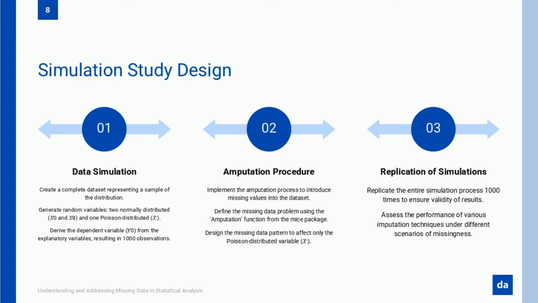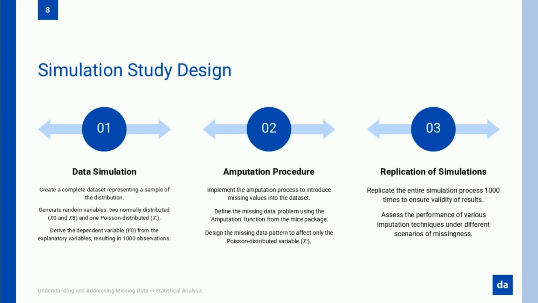Each cycle generates a new incomplete dataset and a fresh set of imputations using various methods, with performance metrics aggregated across iterations to measure reliability. This replication step is crucial for building confidence in the conclusions drawn and for evaluating how imputation methods handle different levels and patterns of missingness.